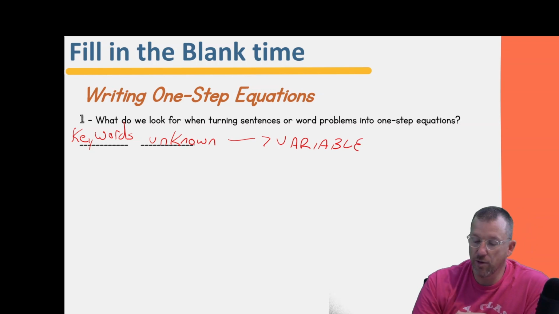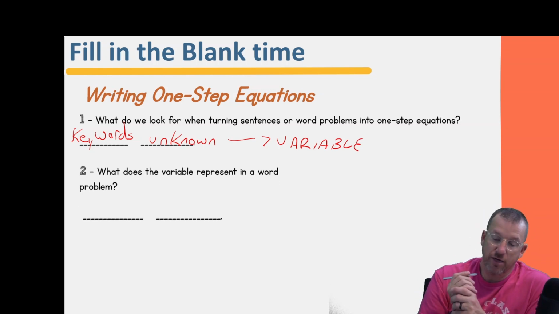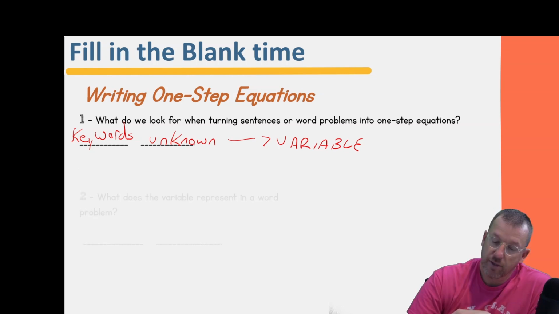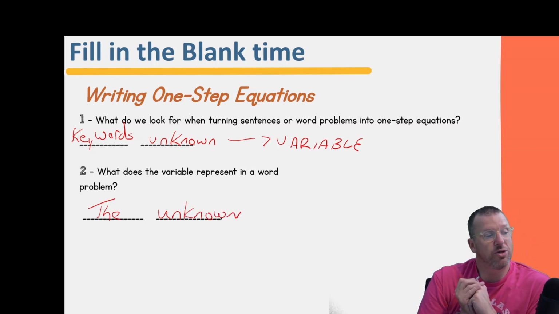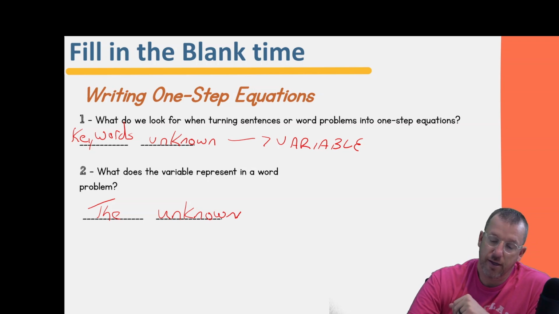So we're looking for keywords and the unknown. What does the variable represent in a word problem? The unknown, what we're trying to solve. The variable represents the unknown, which is also going to be our answer.